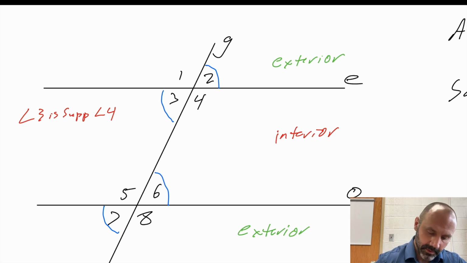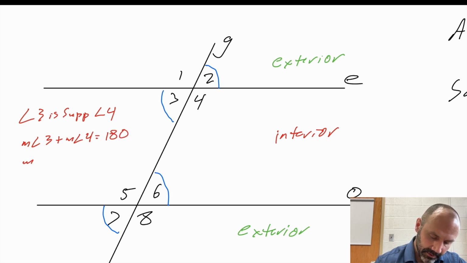Or we could even write it this way: the measure of angle 3 plus the measure of angle 4 is 180 degrees. But the measure of angle 3 equals the measure of angle 6. So I can just substitute the measure of angle 6 into this equation, and then I end up with the measure of angle 6 plus the measure of angle 4 is 180.